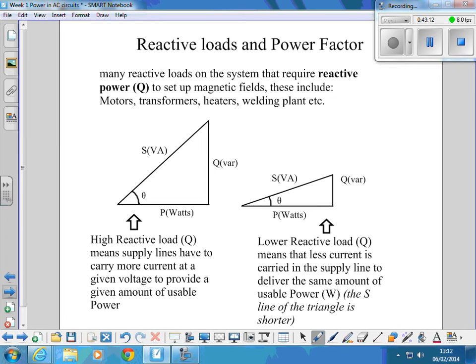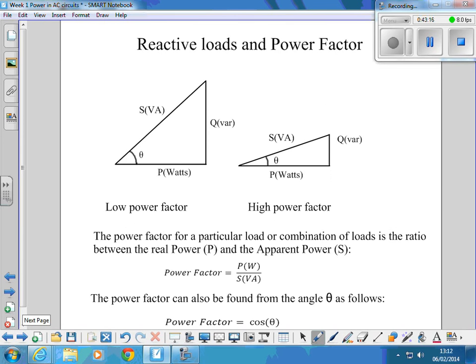Which leads us on to what we mean by power factor. That left-hand triangle is termed a circuit with a low power factor, the right-hand one, a high power factor.